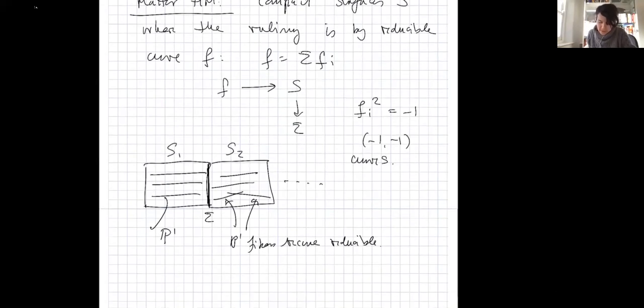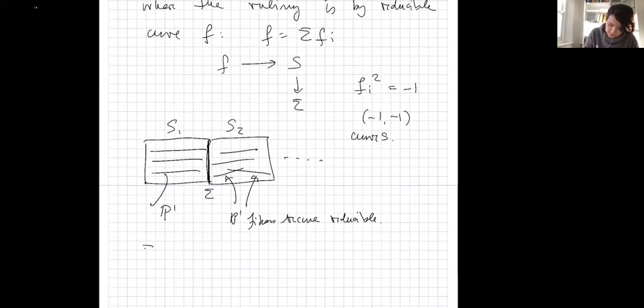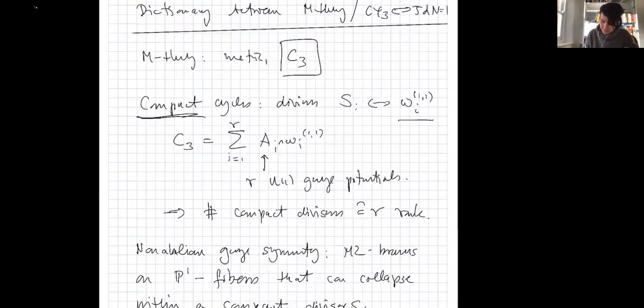Okay, and how do I then read off, if this is a hypermultiplet, the weight? The representation is given by intersecting all the gauge divisors, the S_j, with that curve F_i. This corresponds to the jth weight of this fiber curve.